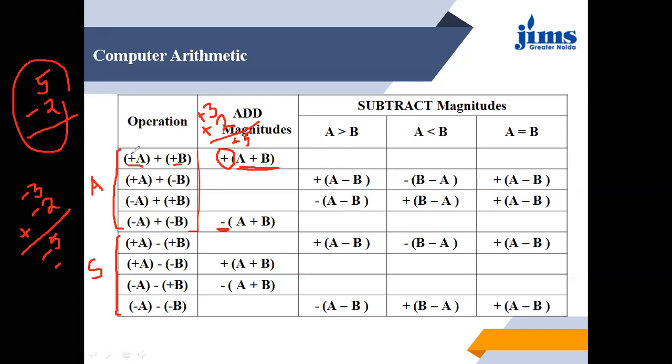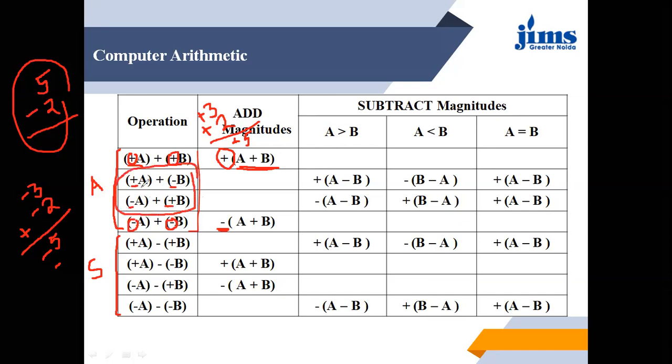In the first two cases the signs are the same, but in these two cases the signs are different: here it is plus and minus, here it is minus and plus. So we are trying to find a rule for this now.